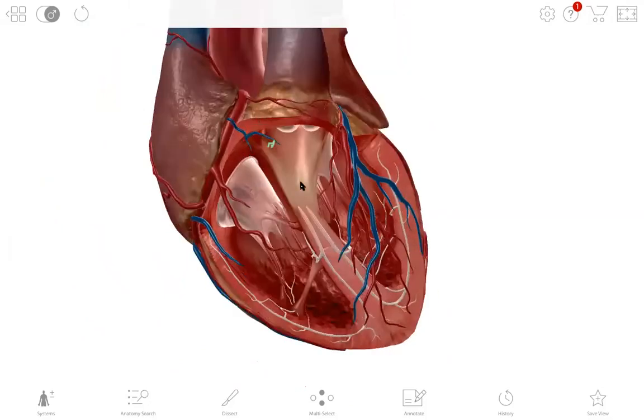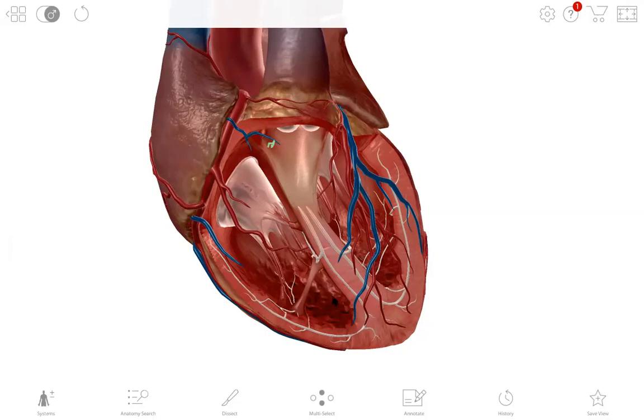The surface in front of you, immediately when I look at the heart, which is generally the size of a fist of a hand. Each of us, if we close our fist, will know the size of our heart. The first surface to be seen is called the sternocostal surface, the one in front.